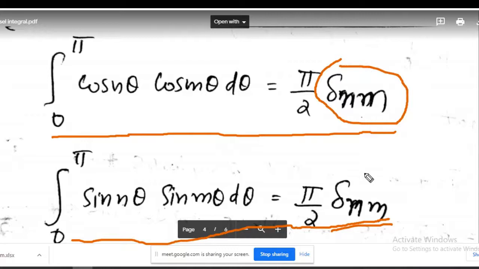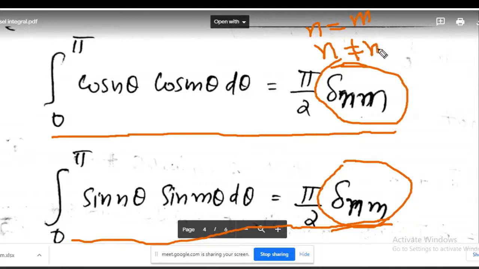Do you know what this is? Delta nm. What is its property? Property of delta nm. This is defined for n equal to m and n not equal to m, integers. For n equal to m, what will be its value?